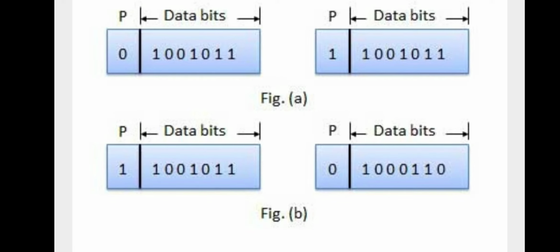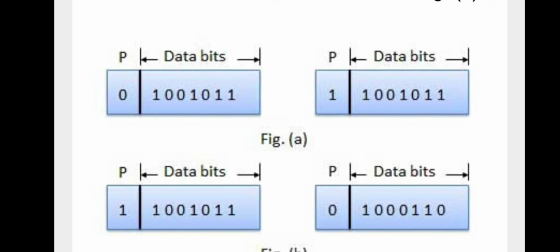And here the number of ones is 5, so odd parity. Okay, this is even parity and odd parity.